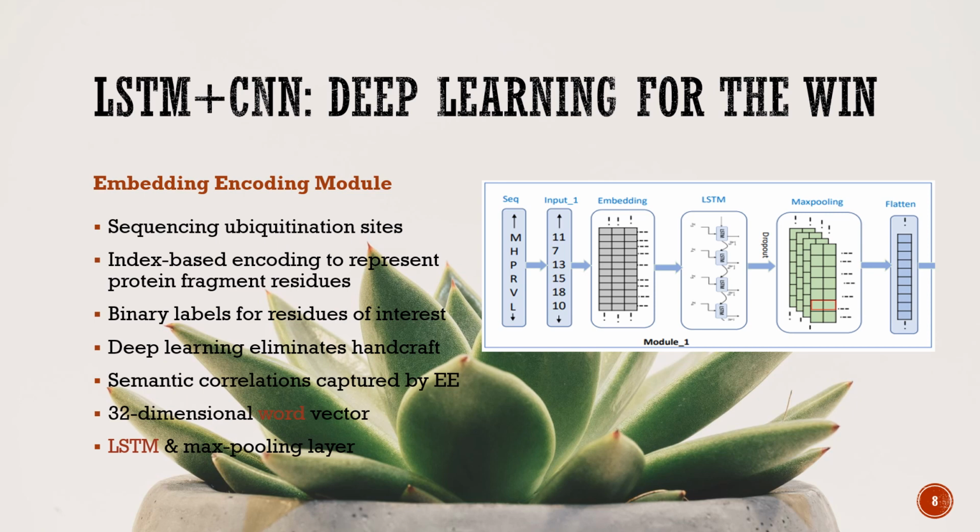But what was really cool about this first module is that they were able to eliminate the handcrafted nature of all methods that had been used so far with just simply statistical and machine learning, and now we're able to use backpropagation and automation methods for the algorithm to actually detect for itself, using weights and biases and backpropagation, where the most important connections are and where the end connections are, like end to end.